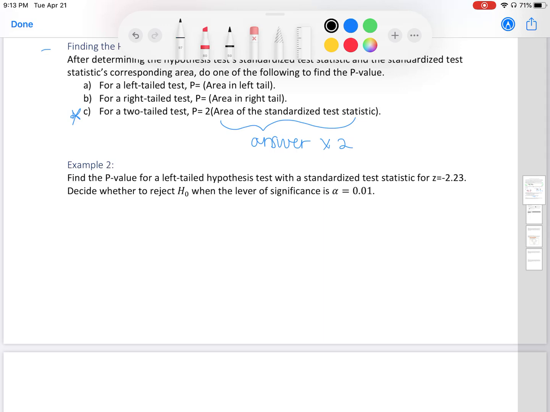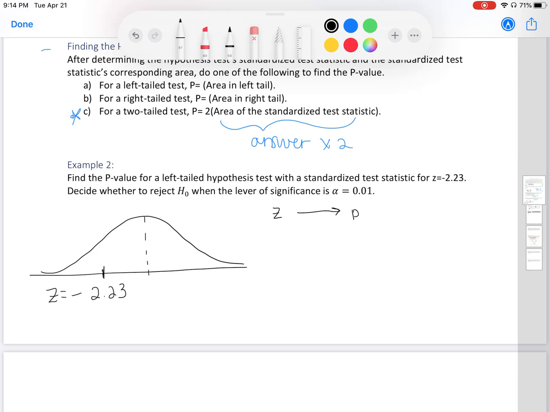If I have my bell-shaped curve, I'm working with a z-value of negative 2.23. Now I want to relate it in terms of a P, a proportion, a percent in decimal form. So we need to change your z-score to a P. To do so, you have to use your calculator.